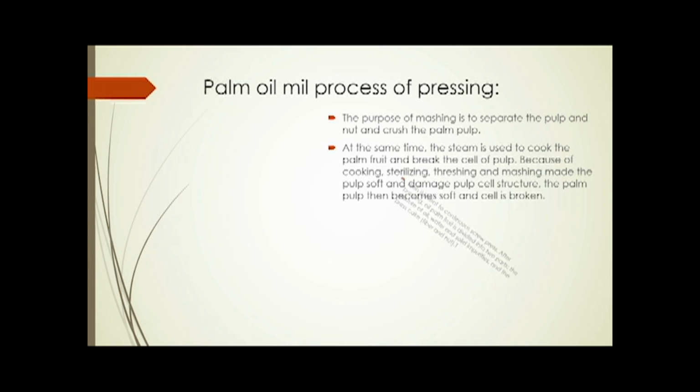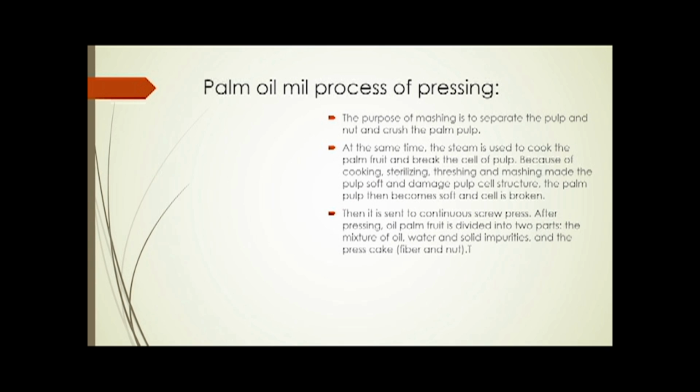Then it is sent to the continuous screw press. After pressing, the oil palm fruit is divided into two parts, the mixture of oil, water, and solid impurities, and the press cake. Utilities used are fruit elevator, digester feed conveyor, fruit recycle conveyor, and the digester 3000 liter.